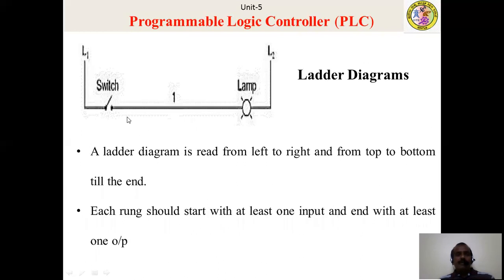A ladder diagram is read from left to right and from top to bottom. Each rung should start with at least one input and end with at least one output.